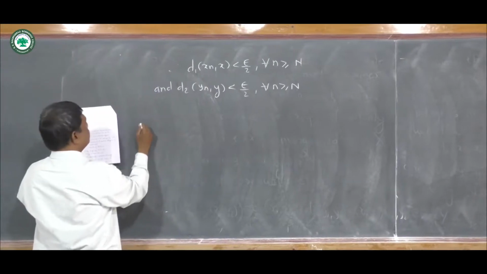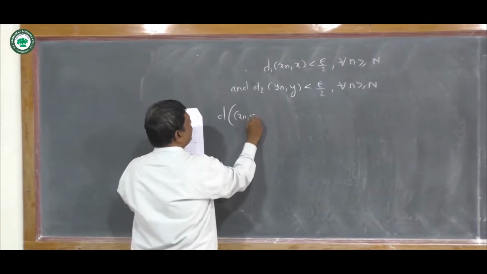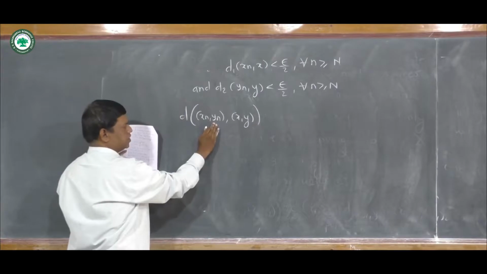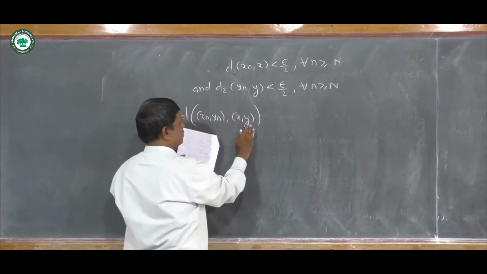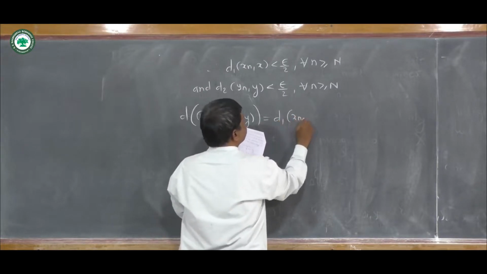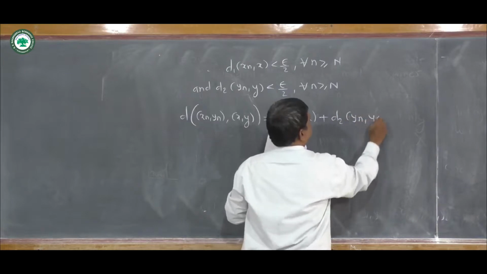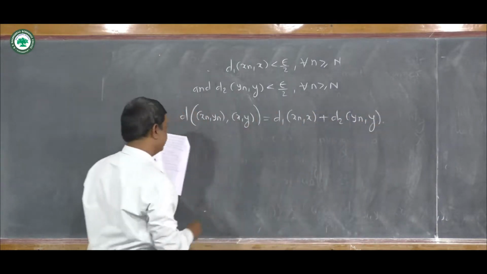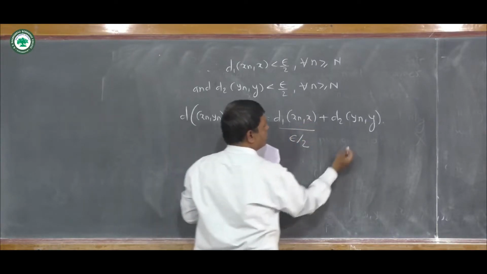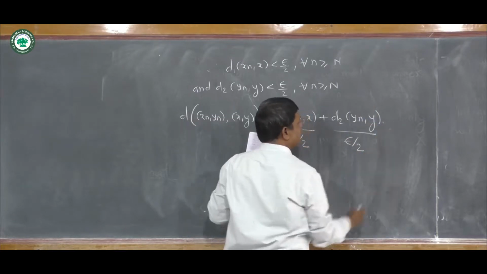Now d of (xn comma yn) comma (x comma y). Here this is the sequence and this is a point, which is equal to d1 of xn comma x plus d2 of yn comma y. This is the definition of d here. We know that this term is less than epsilon by 2 and this term is less than epsilon by 2 for all n greater than or equal to n.